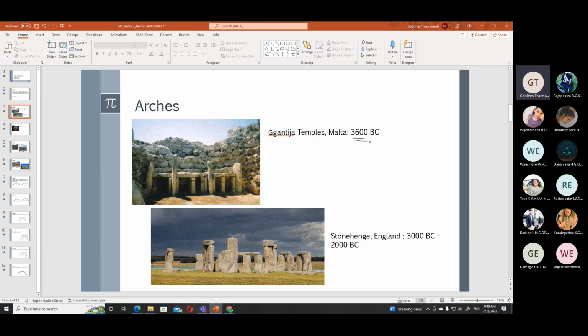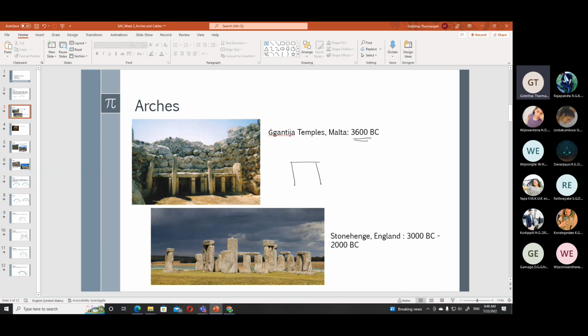It is about 5600 years ago from now. So they have tried to build something. This is the very primitive starting point of arches. So people had an interest to have some sort of opening like this, or a temple like this, so they can keep something to worship.